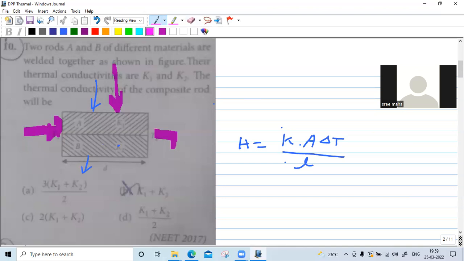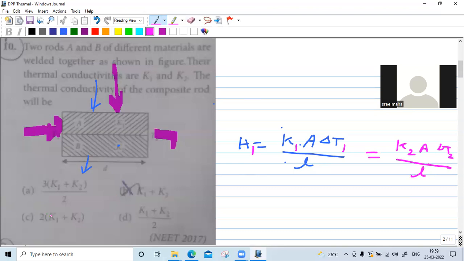For the first one, the area is also the same. So it will be K1 A delta T1 by L, and assume the length also is the same, we have not been given, so it equals K2 A delta T2 by L.